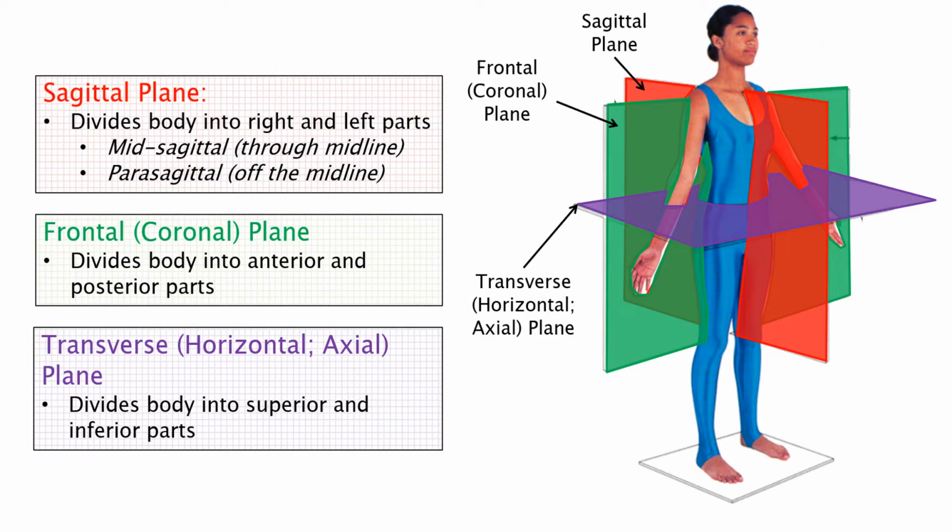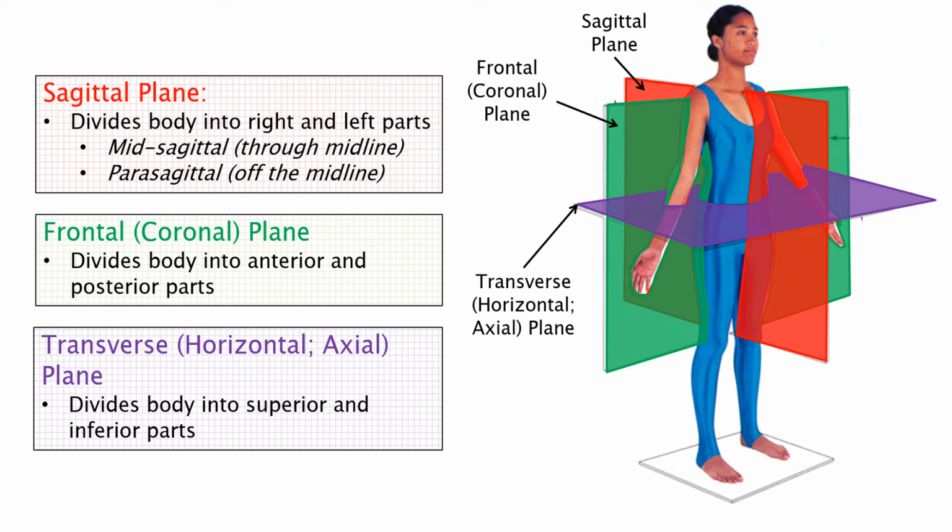Let's look at the summary of the body planes and sections. We know that there are three types of plane: sagittal plane, frontal or coronal plane, and transverse, also known as horizontal or axial plane. The sagittal plane divides the body into right and left parts.